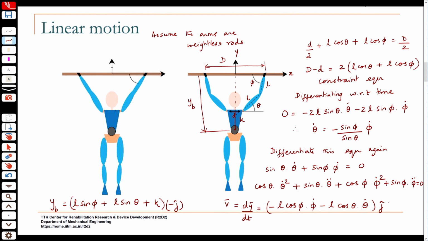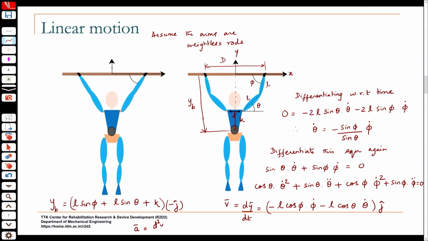Okay. Similarly, I can find the acceleration. I differentiate this, I get d square y by dt square, L sin phi phi dot square minus L cos phi phi double dot plus L sin theta theta dot square minus L cos theta into theta double dot along j.